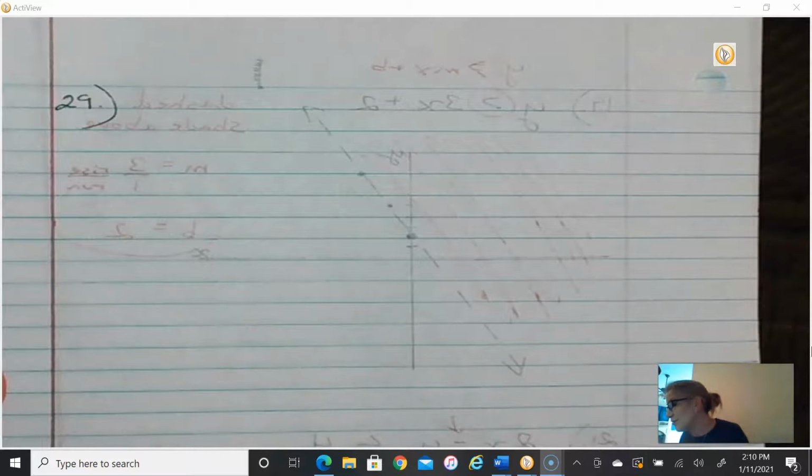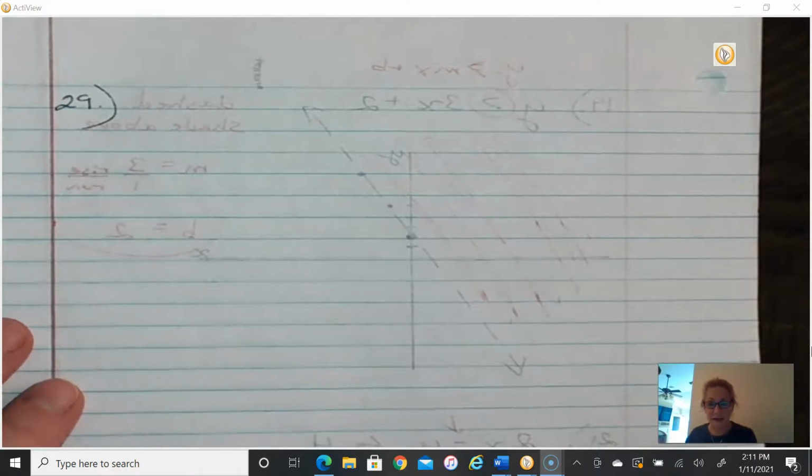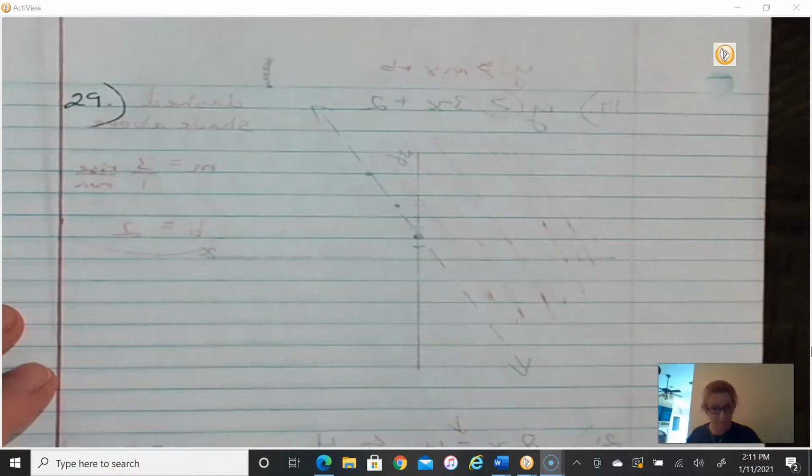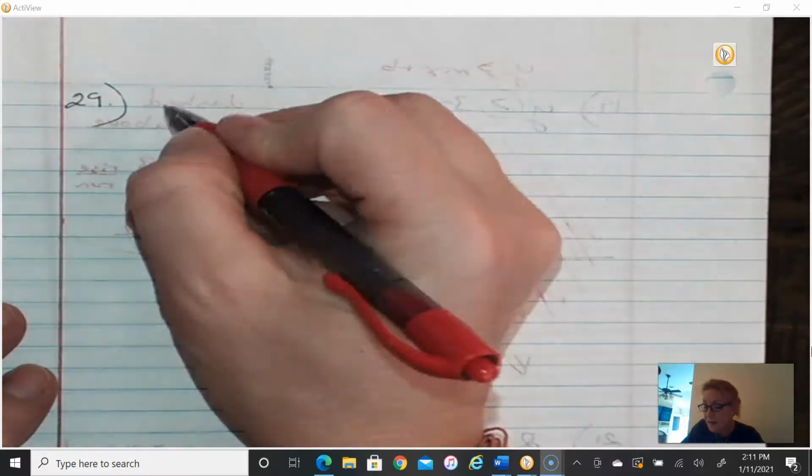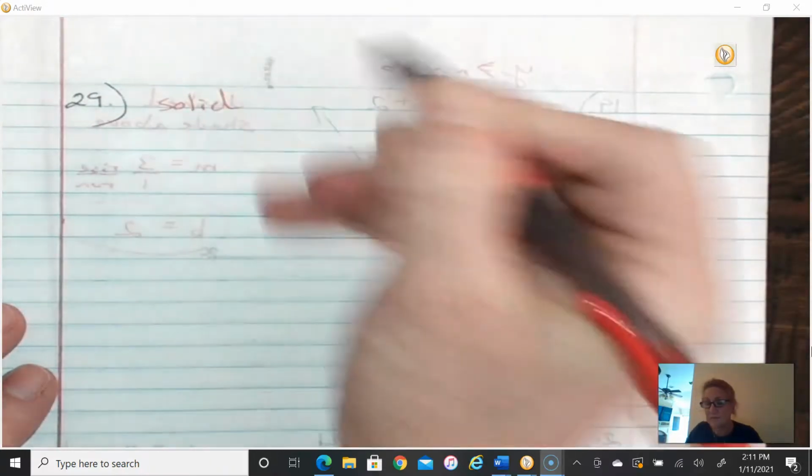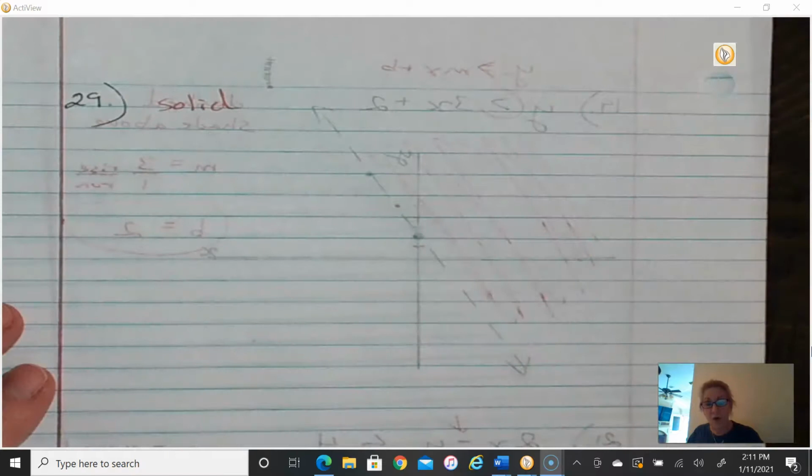All right, 29 says write a linear inequality describing each graph. Okay, so look at 29. You ask yourself questions, just like when we're doing 13 and 15. What kind of line is that? That's a solid line. Is it shaded below or above?